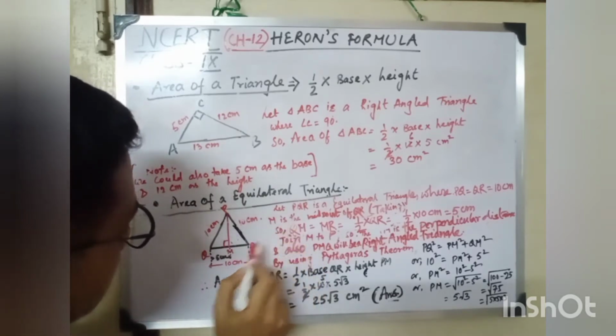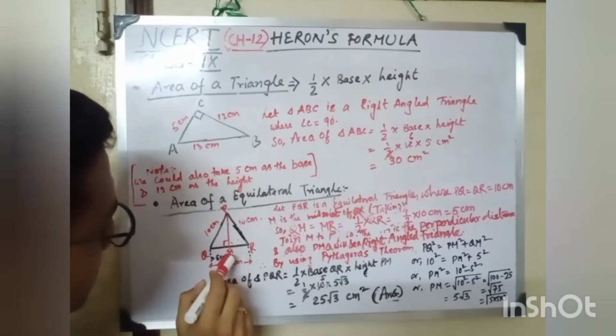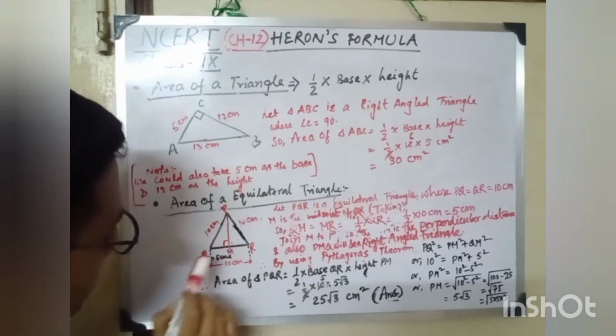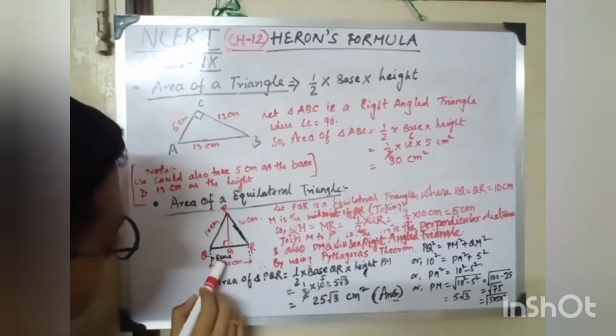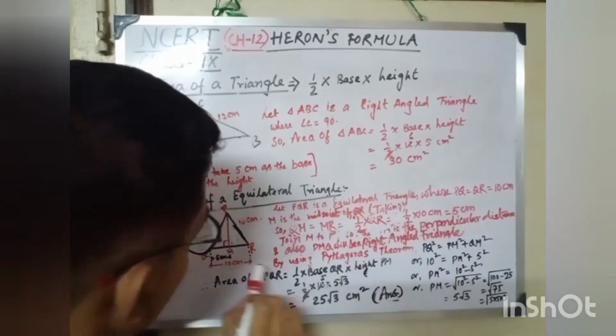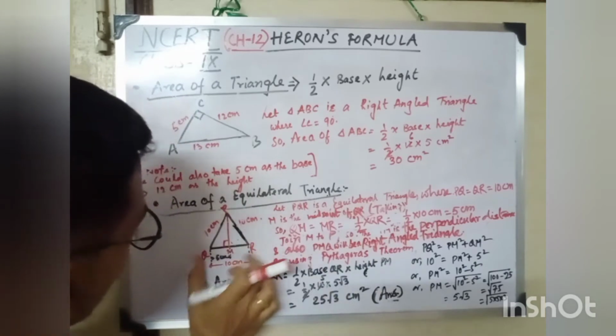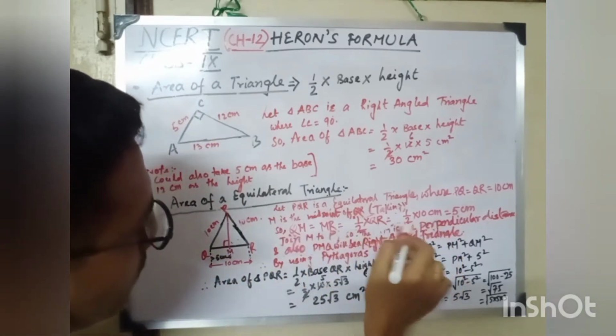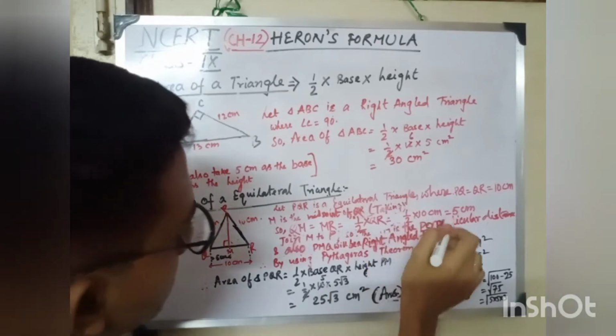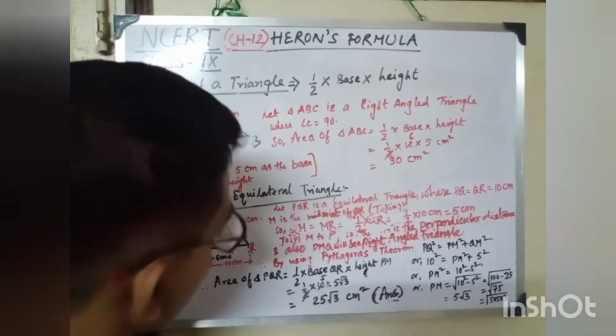We have taken M as the midpoint of QR. So QM is equal to MR is equal to half into QR is equal to half into 10 centimeter is equal to 5 centimeter.